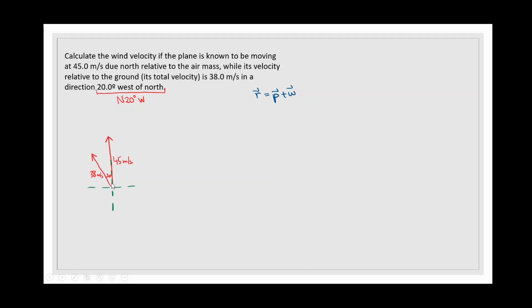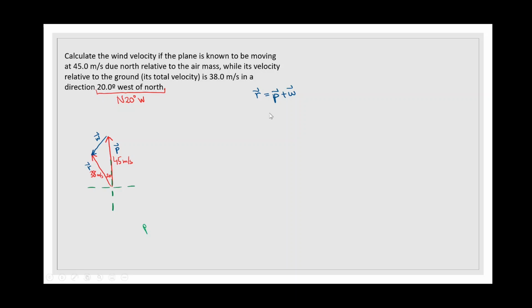So then the wind must be attached from the tip and pointing at the tip of the resultant vector. So it's going to be plane speed north, then the wind is going to alter the course of the plane so that the resultant now is this line right here, northwest direction.